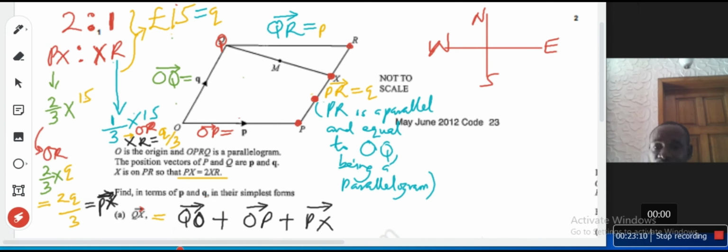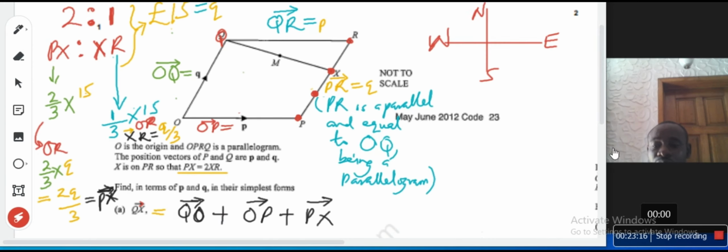That's why I wanted you to pay attention, because there's something here you must be careful about. What is Q to O? It is actually not Q. O to Q is Q. But now we are moving backwards, Q to O, because direction is important in vector.